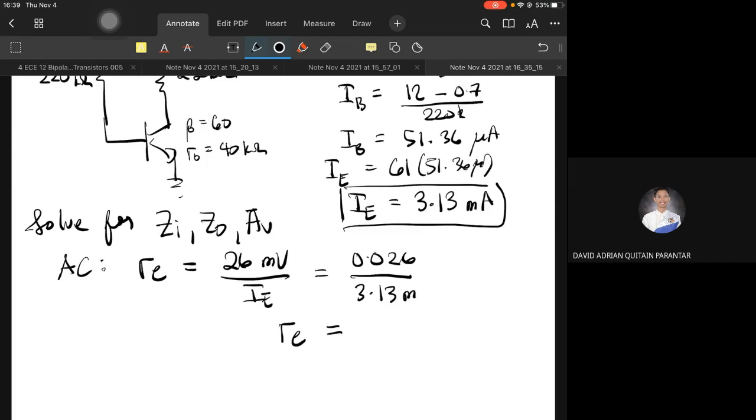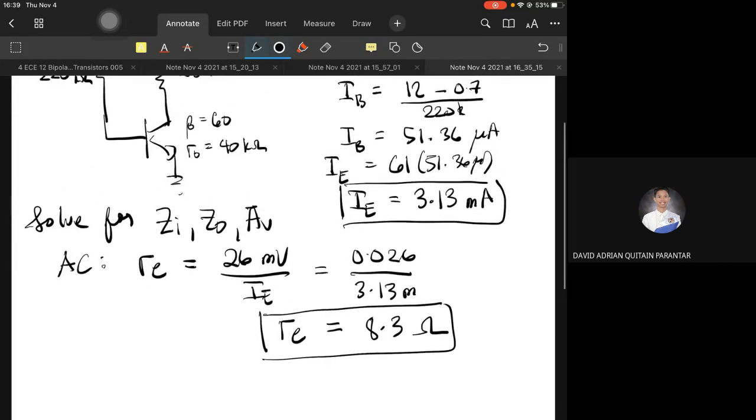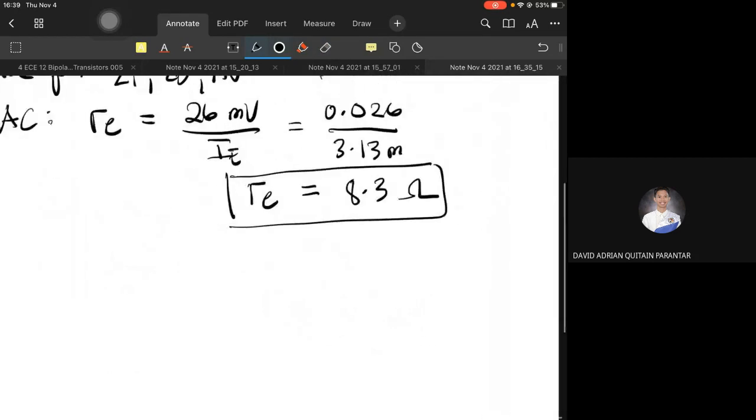Nasa mga 8.3 ohms. Same the answer. 26 millivolts dapat ni, so 0.026. Okay. Sige.